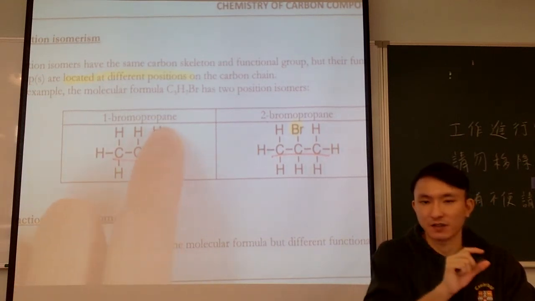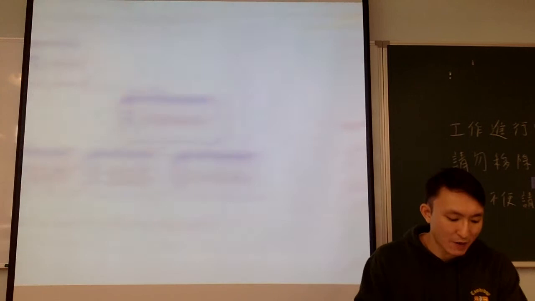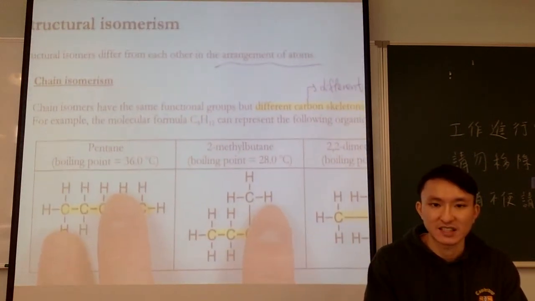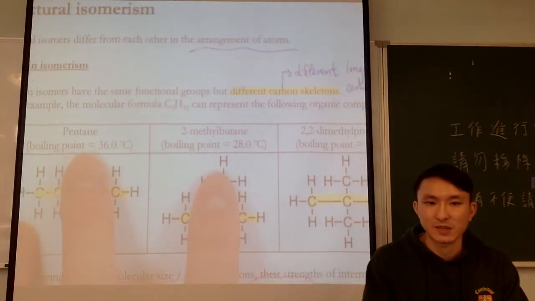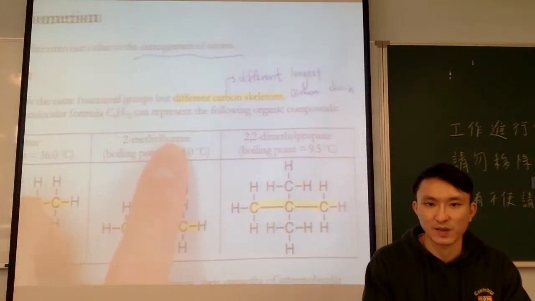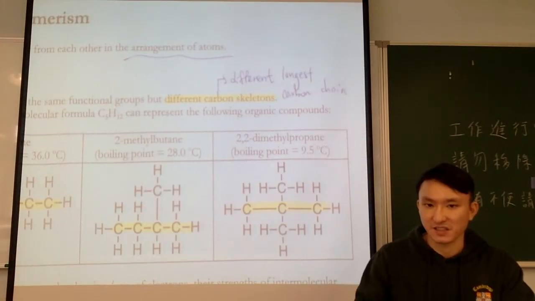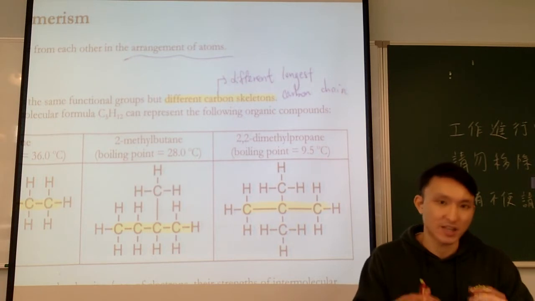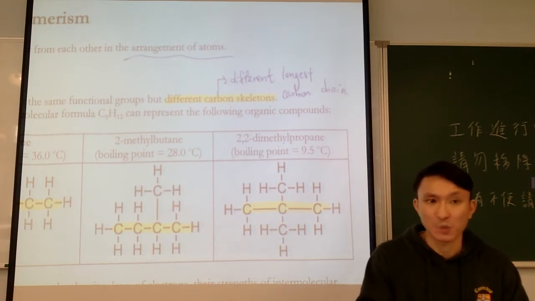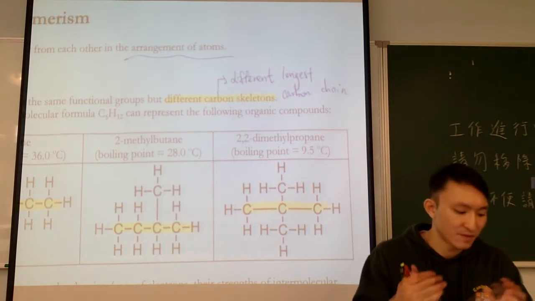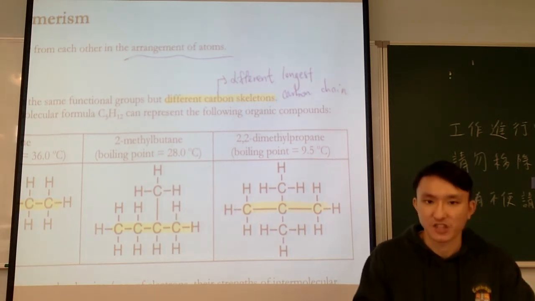So that means they have the same longest carbon chain. However, if you look at these, this one is pentane, this one is butane, this one is propane. So the suffix is different, meaning that the longest carbon chain is also different. So this is one way to double check, to verify whether it belongs to chain isomerism or position isomerism.